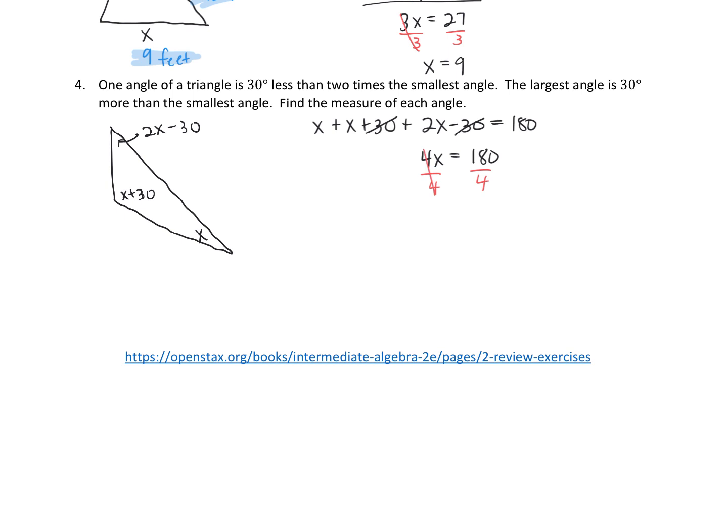So x equals 45. So that means that this angle is 45 degrees. And then I would just plug that in. So 45 plus 30 is 75 degrees. And 2 times 45 minus 30 would be 90 minus 30, which is 60 degrees. So the 3 angle measurements are 75 degrees, 60 degrees, and 45 degrees.